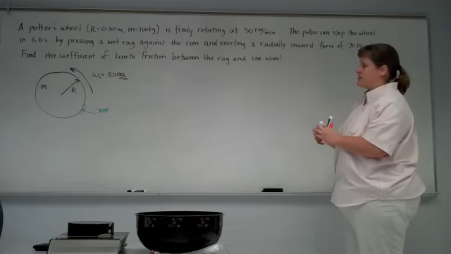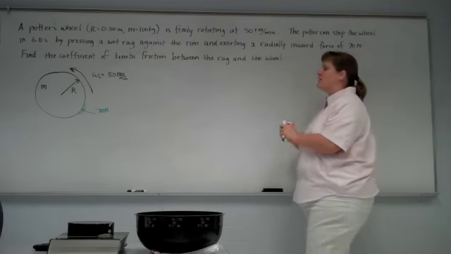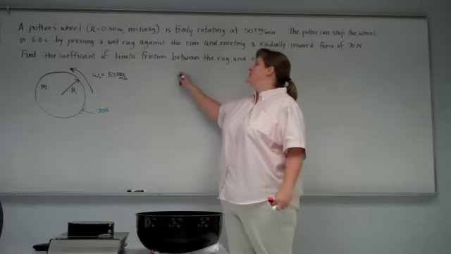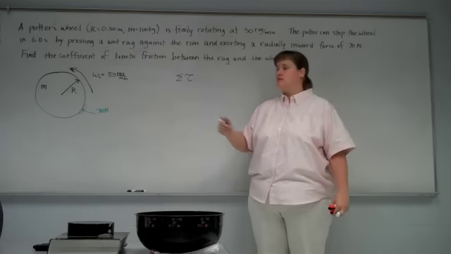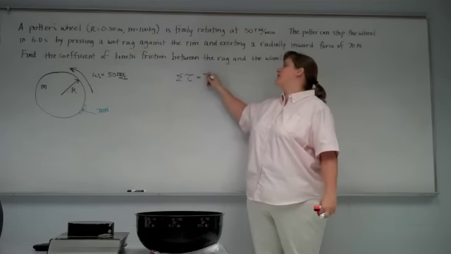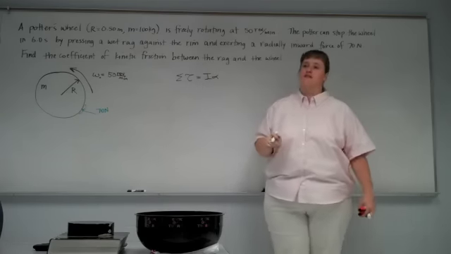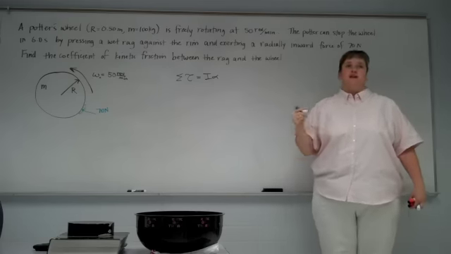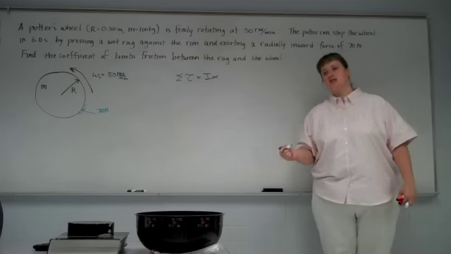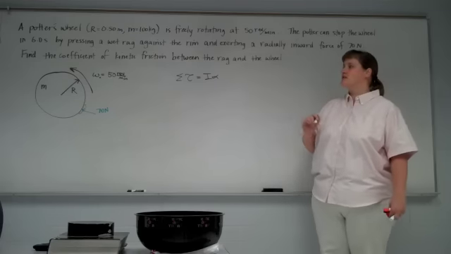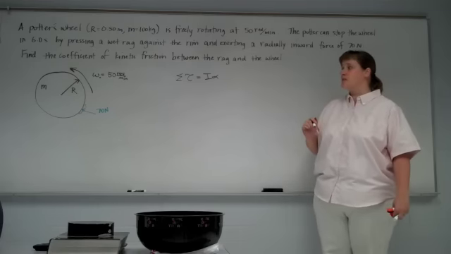Alright, so we know there's a net torque acting on the wheel. We know that because the wheel has an angular acceleration. If a wheel has an angular acceleration, that means its rotation rate is changing. So it was initially rotating at 50 revolutions per minute.